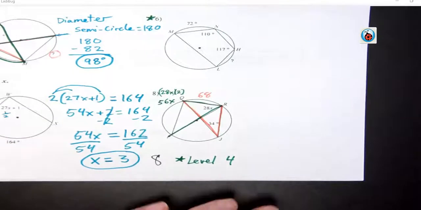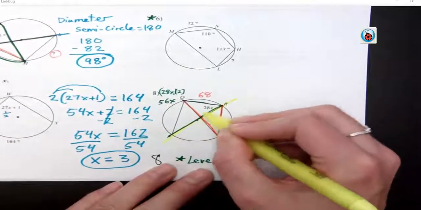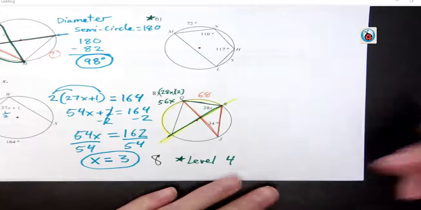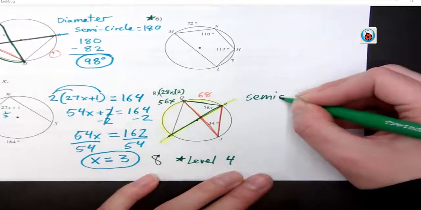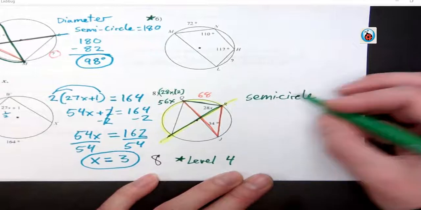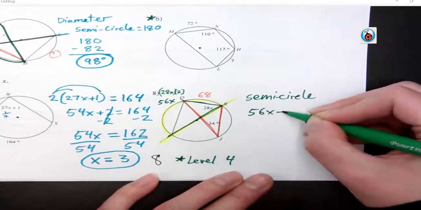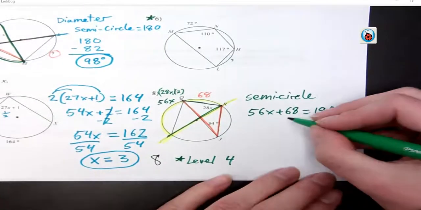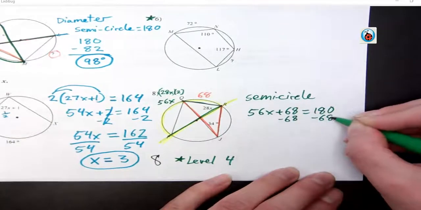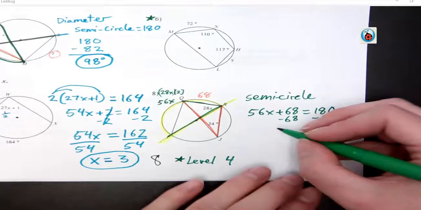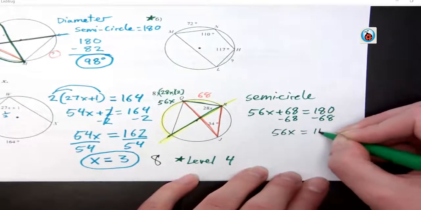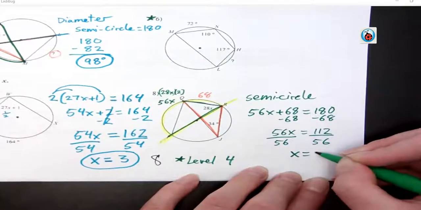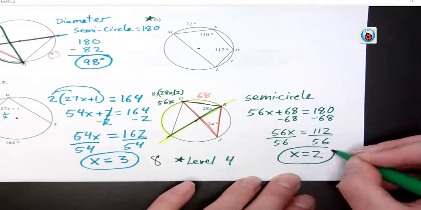And then I see I have that semicircle. I have that straight diameter, and I now have both parts of it. So because I have a semicircle, I can do 56x plus 68 equals 180. And I have an equation to solve. So subtract 68 to get 56x equals 112. Divide by 56 to get x equals 2. And I've solved it.